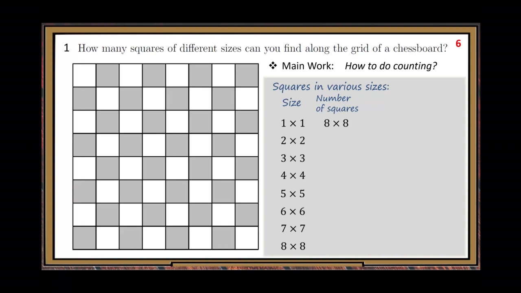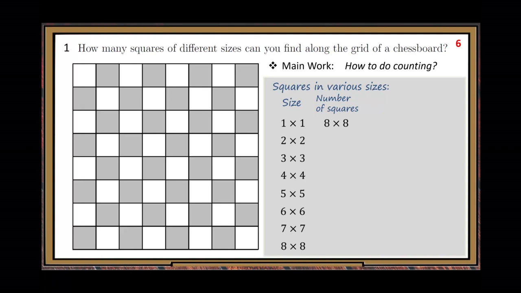So that's the reason the result is 8 times 8. All right. Then for the square size 2 by 2, how many such squares? So let's do the counting also, in the horizontal direction and the vertical direction. 2 dimensions.